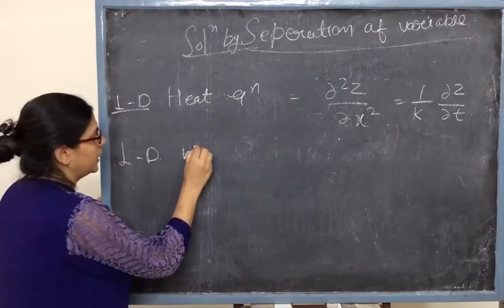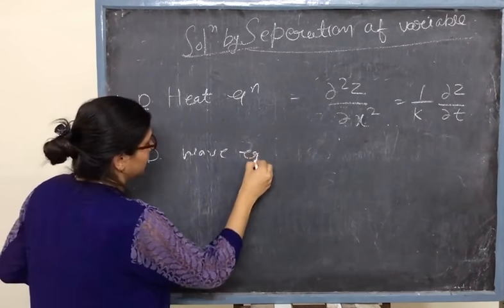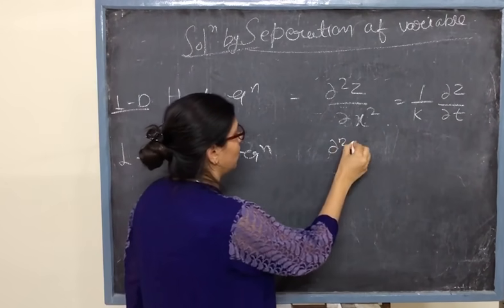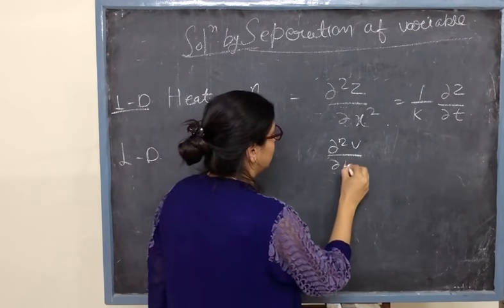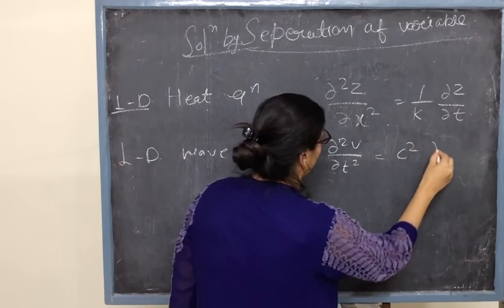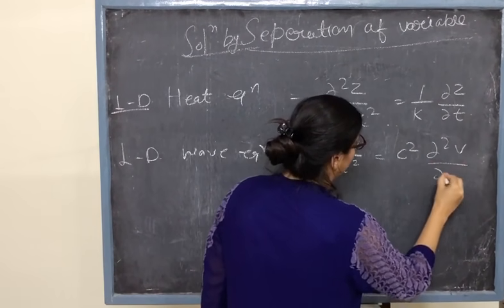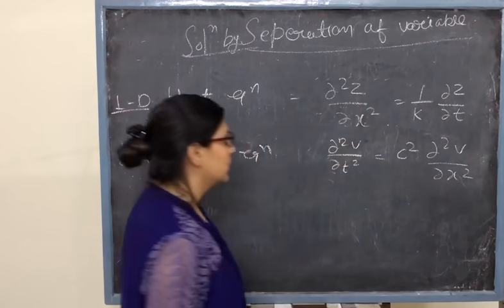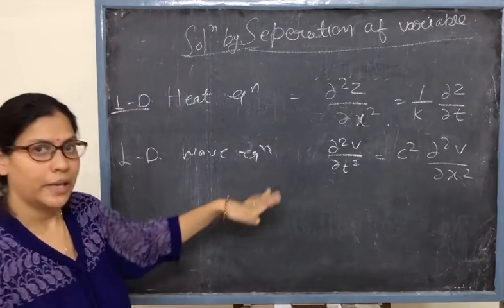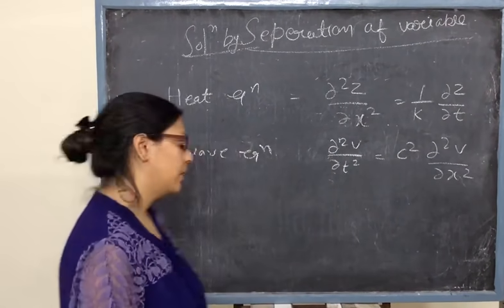Second is the one-dimensional wave equation. If the equation has this form, del 2v over del t square equals c square del 2v over del x square, then the equation is called the one-dimensional wave equation.